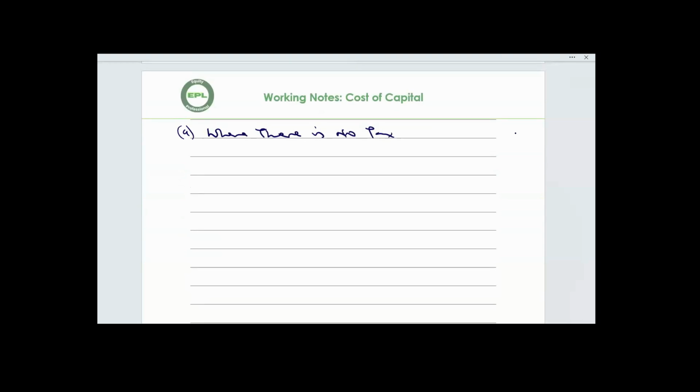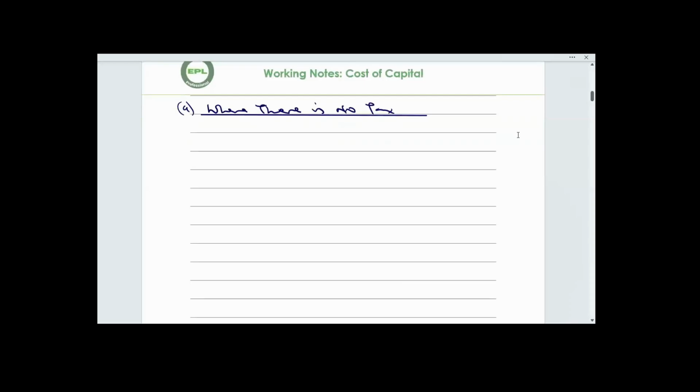How do you calculate cost of irredeemable debt where there is no tax? Cost of irredeemable debt, denoted as Kd, will be computed as the ratio of fixed interest, which is also known as coupon payment. The examiner can call it coupon payment or interest. Divided by ex-interest price.